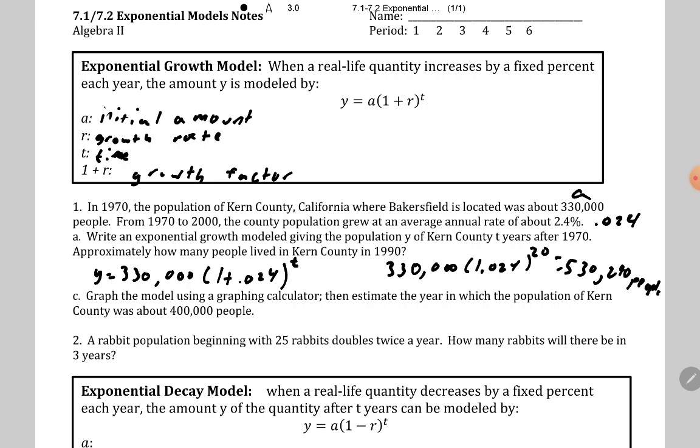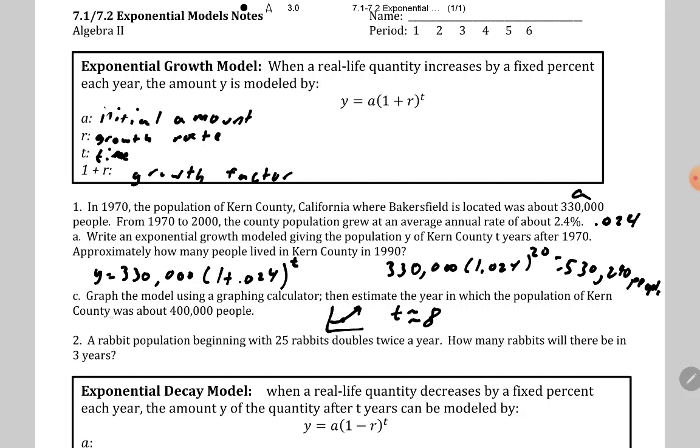Graph the model using a graphing calculator and estimate the year in which the population of Kern County was about 400,000 people. If you have a graphing calculator and you know how to graph, you'll get a graph that looks something like this, and you use your trace function to find out when it was 400,000 people, and in this case t is around 8.